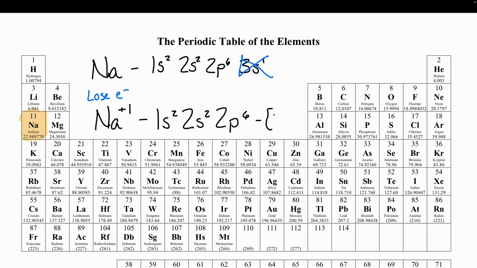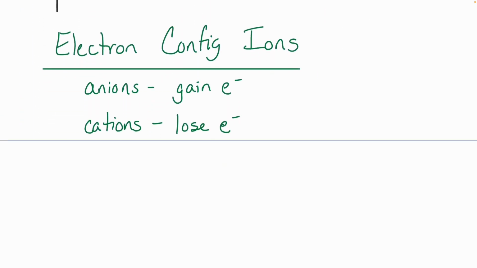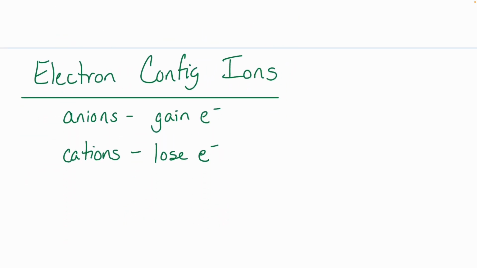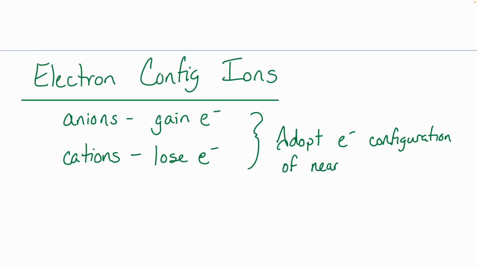All right, so what we're going to see is that our anions will gain electrons and our cations will lose electrons. And both are going to do so in order to adopt the electron configuration of the nearest noble gas. Remember, noble gases, they don't like to form bonds.